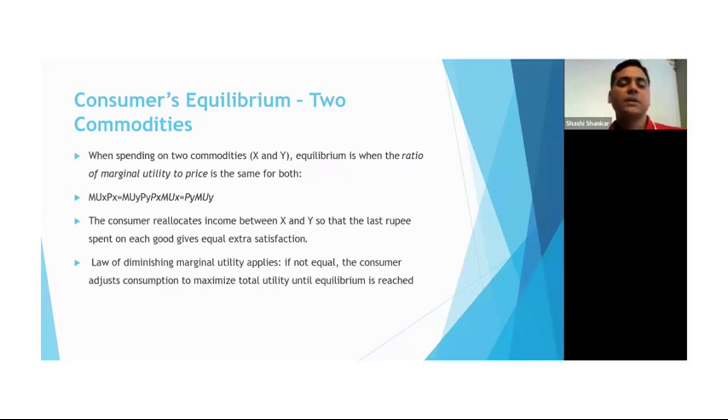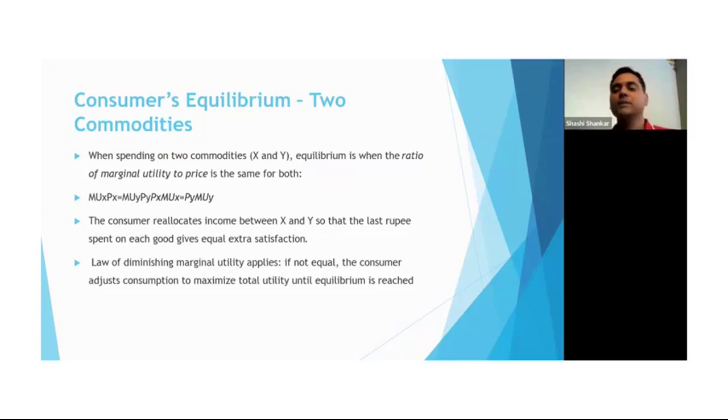In this situation, the consumer reallocates income between X and Y so that the last rupee spent on each good gives equal extra satisfaction.